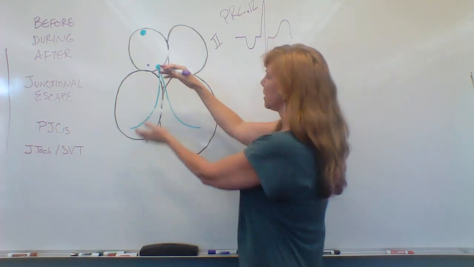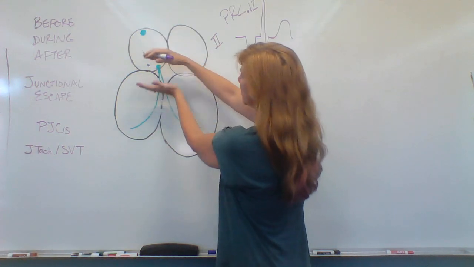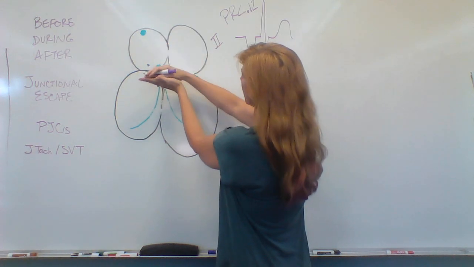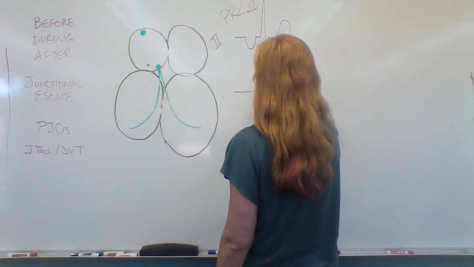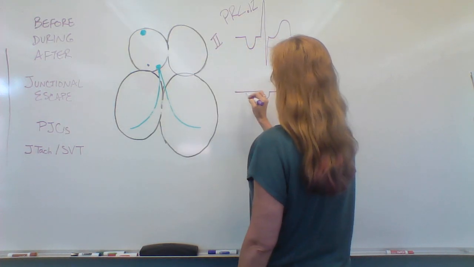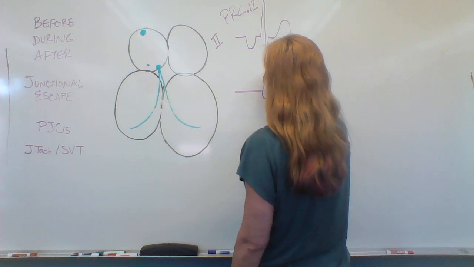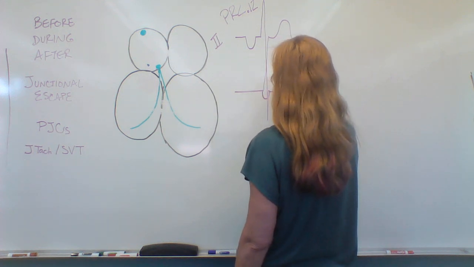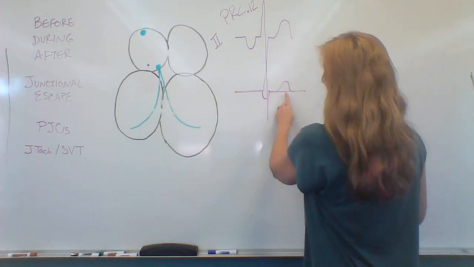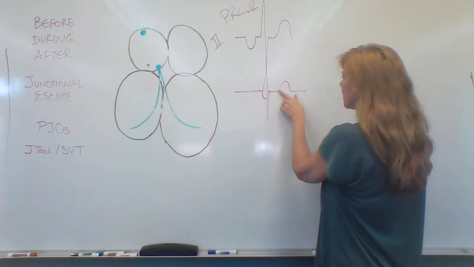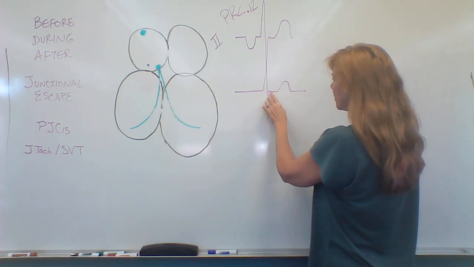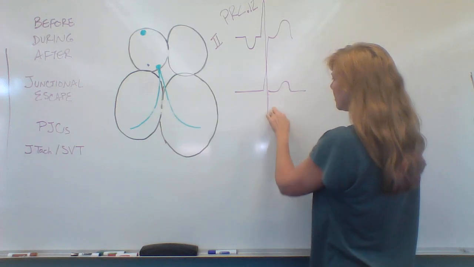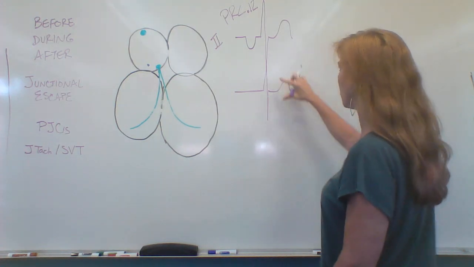Another possibility is that they'll depolarize simultaneously. So you would have an upside down P, and you would also have a QRS occurring at the same time, and then a T wave. But because the QRS complex is much bigger, it's going to bury the P wave, and you're not going to see it at all.